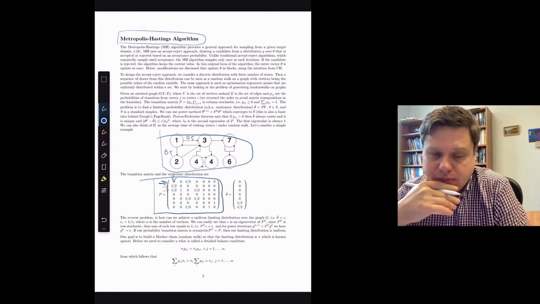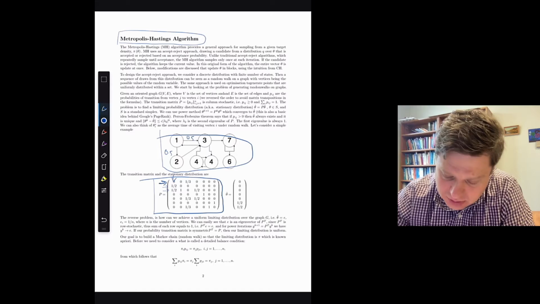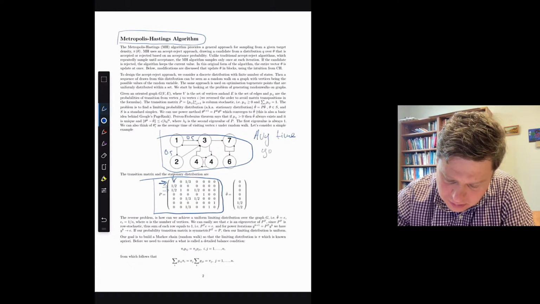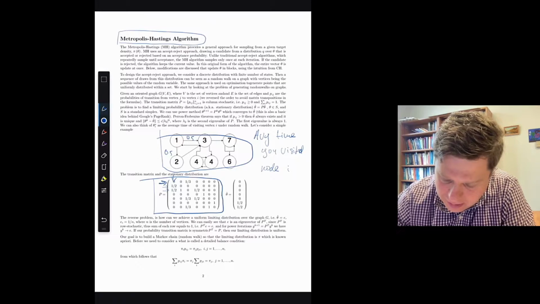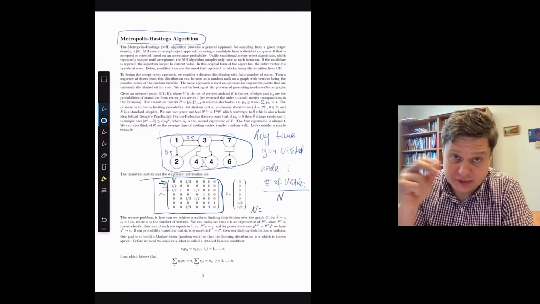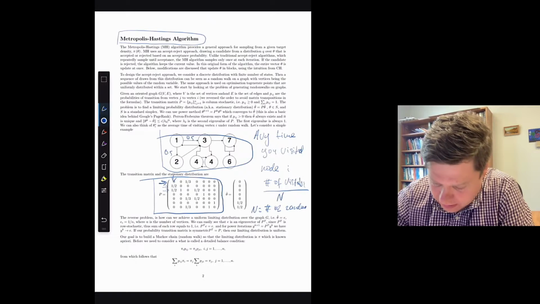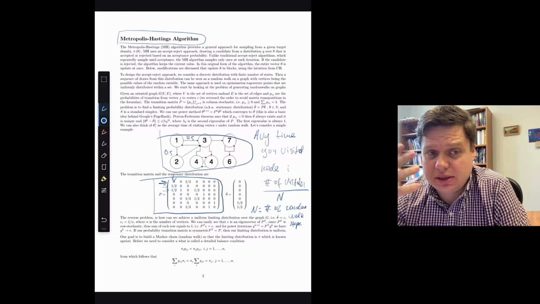So imagine you do this random walk for long enough so that when you calculate the average number of times you visited node i, which is just the number of visits to node i divided by n, where n is the total number of random walk steps you did on the graph, at some point you'll see that this number becomes more or less stationary, meaning it doesn't change.